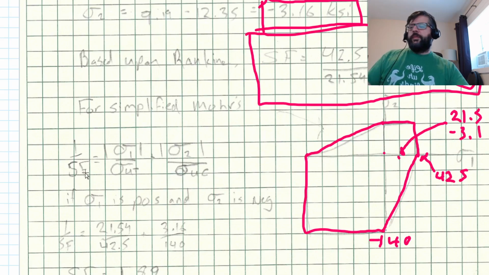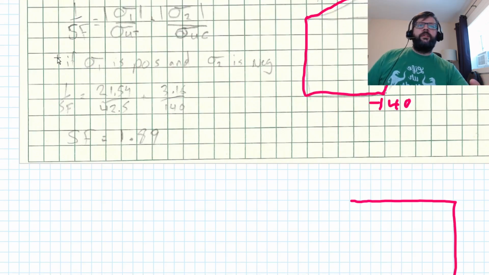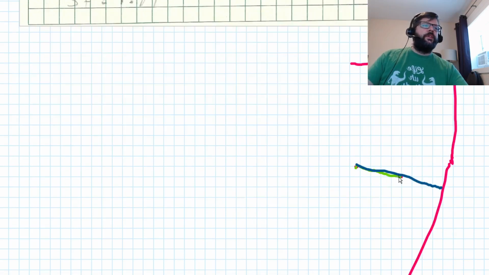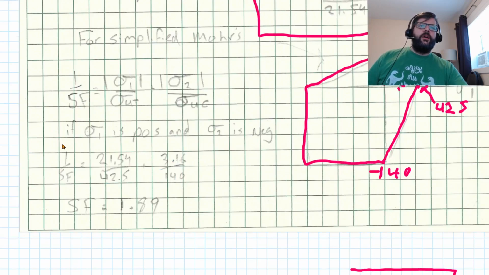You're able to calculate your safety factor there, where the safety factor is the ratio of the length of those two lines. It ends up being, when your first principal stress is positive and the second principal stress is negative, positive, negative.